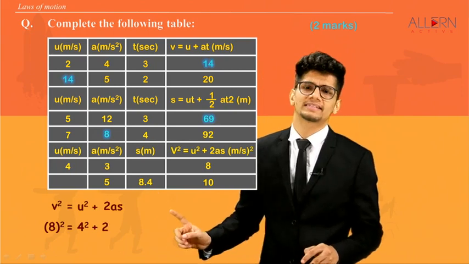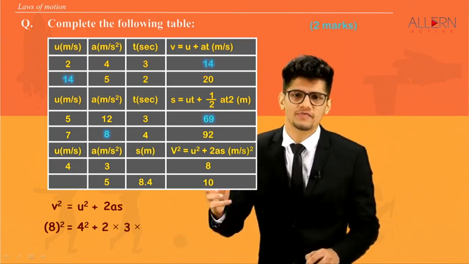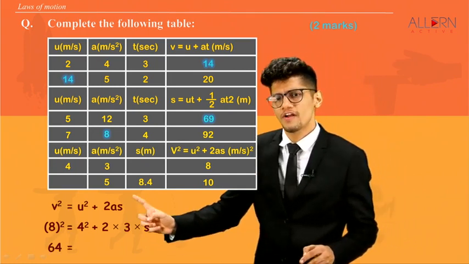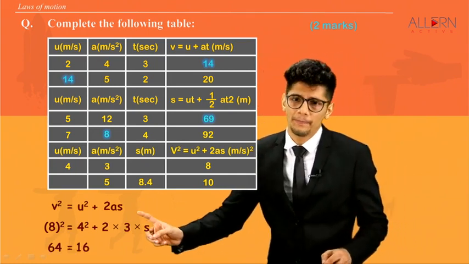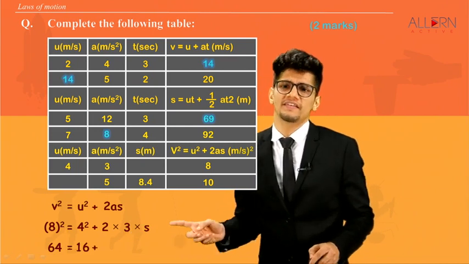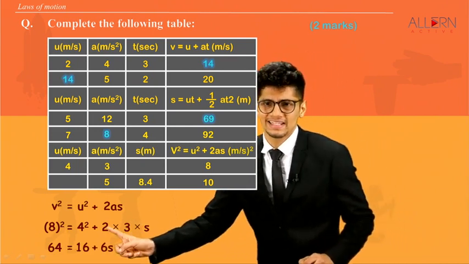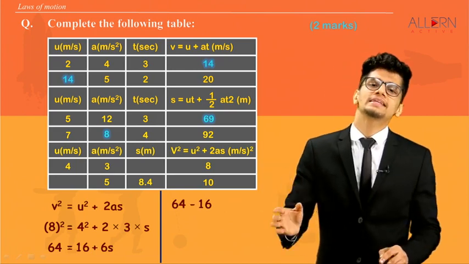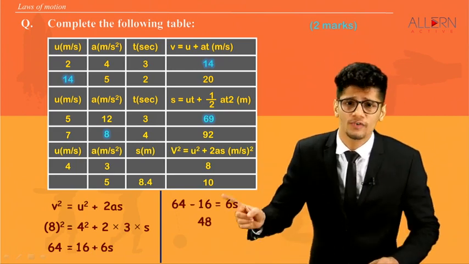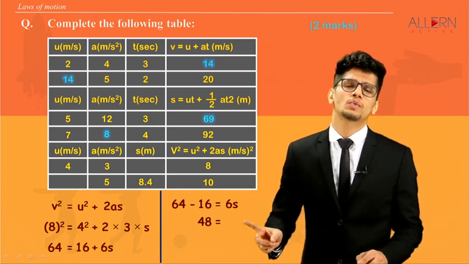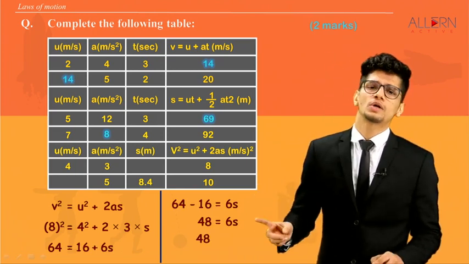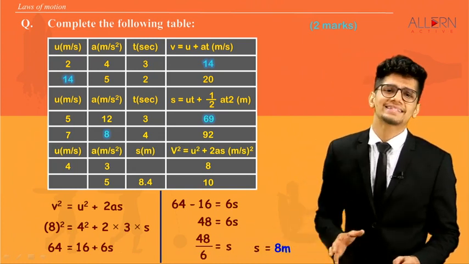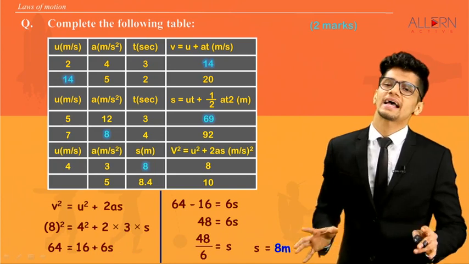Right now 8 square is nothing but 64, 4 square is 16, plus 2 3s is 6, so we have 6S over here. 16 goes on to the other side, so we have 64 minus 16 is equal to 6S. 64 minus 16 is 48 is equal to 6S. So S will be equal to 48 upon 6. 6 1s are 6 and 6 8s are 48. So we have 8 meters as the answer.